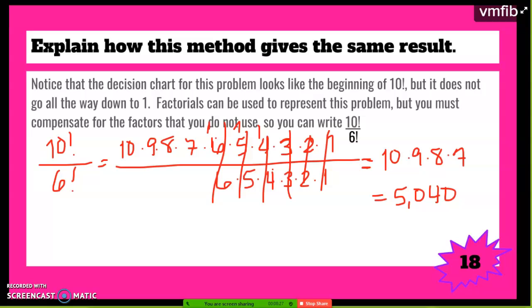So you can see that this looks a lot like the decision chart we had for the first part of this problem. In fact, it's identical.